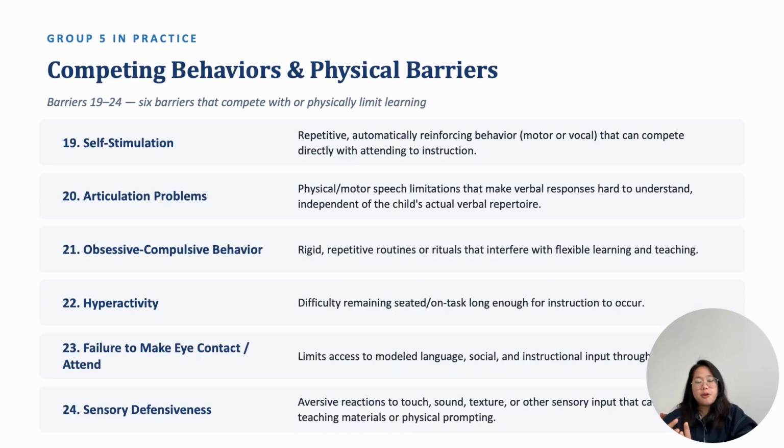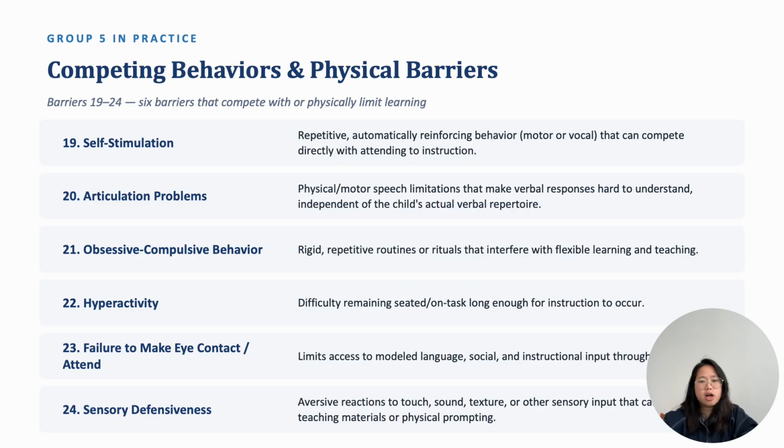So here's group 5, which covers competing behaviors and physical barriers. Top of our list is self-stimulation. It is a repetitive, automatically reinforcing behavior, right? It can be motor or vocal and can compete directly with a child's ability to attend to instruction at the moment.